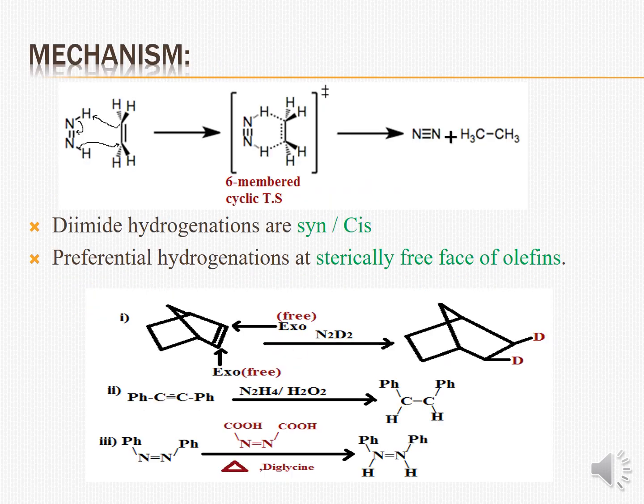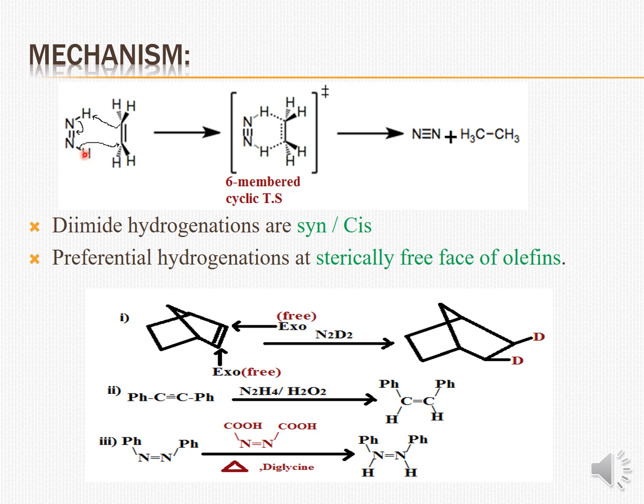So moving on to the mechanism. Here you are taking the N2H2, that is your diimide, and then you are treating it with the alkene. If you are showing the stereochemical aspect of the alkene, here what happens is the hydride transfer: this is attacking the hydrogen, and then this bond is shifting over here, and then again this bond will go and attack the alkene.